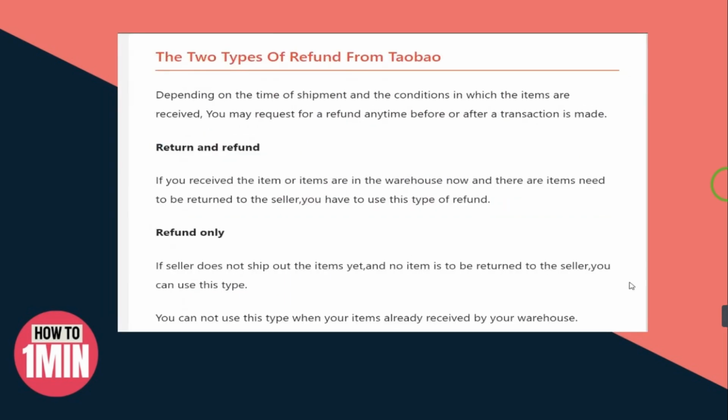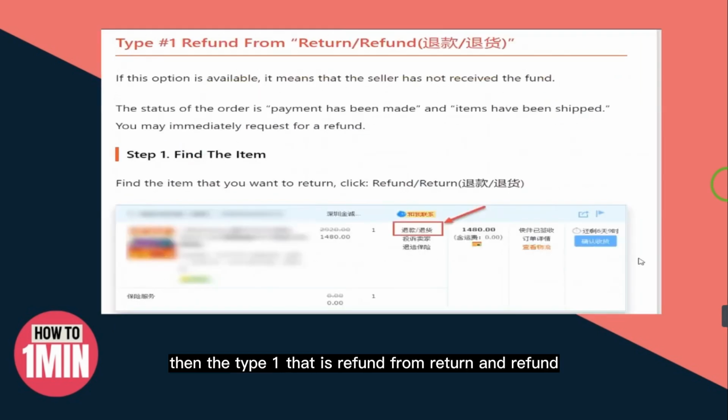After this, when you select your type, return and refund or refund only, the first one is refund from return and refund. If you have this option, it means the seller has not received the funds. The status of the order is payment has been made and items have been shipped.